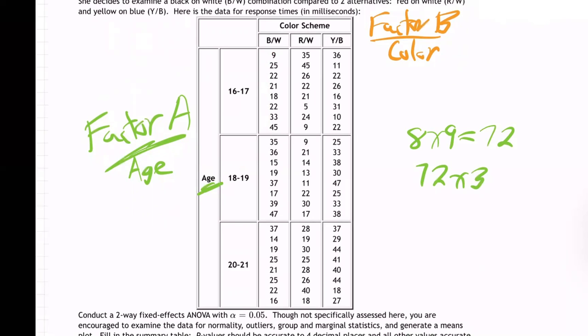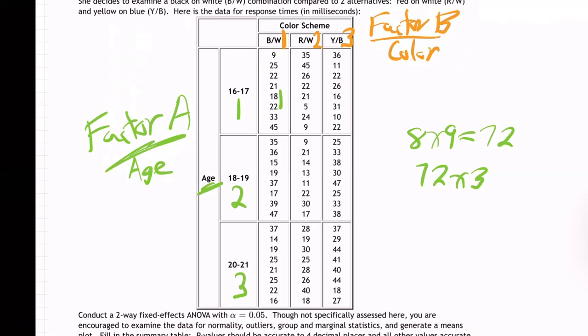How do you do that? Well, factor A is going to be 1, 2, and 3. This is a 3 by 3 ANOVA. And then factor B is going to be 1, black on white, 2, red on white, 3, yellow on blue. So then just go through and put in the numbers as they sit.